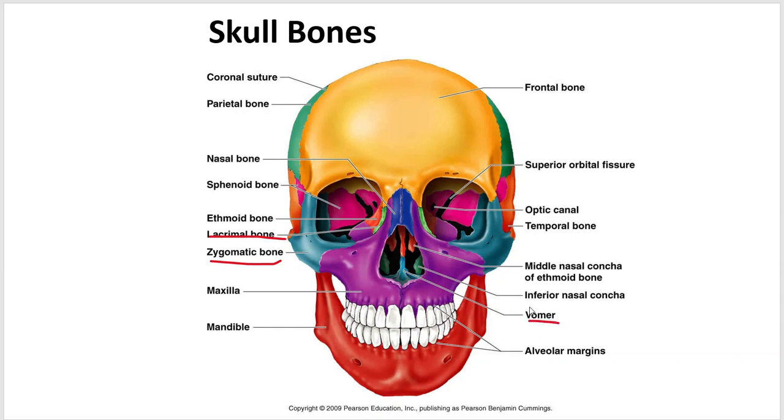There's the vomer, the inferior and middle nasal concha, the nasal bone, superior, no, that wasn't one of our, that's a different, well, we could do that.